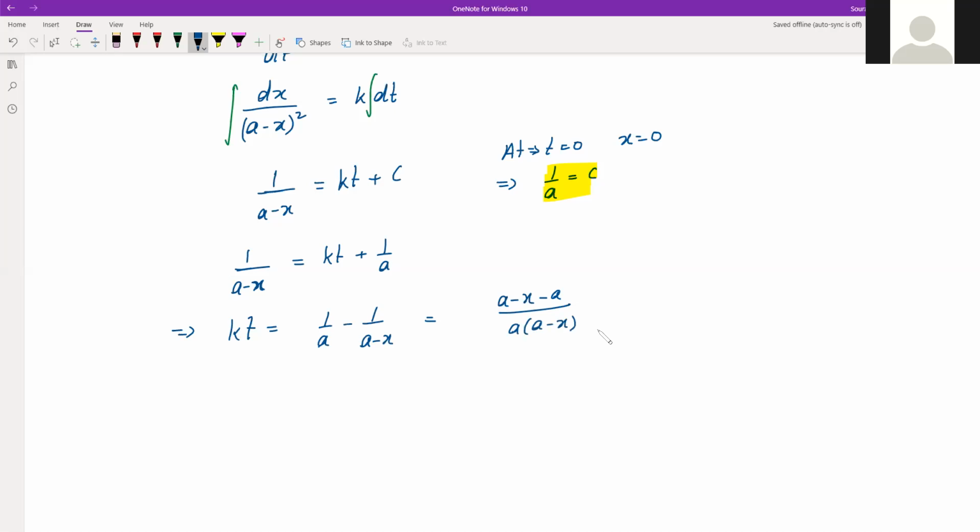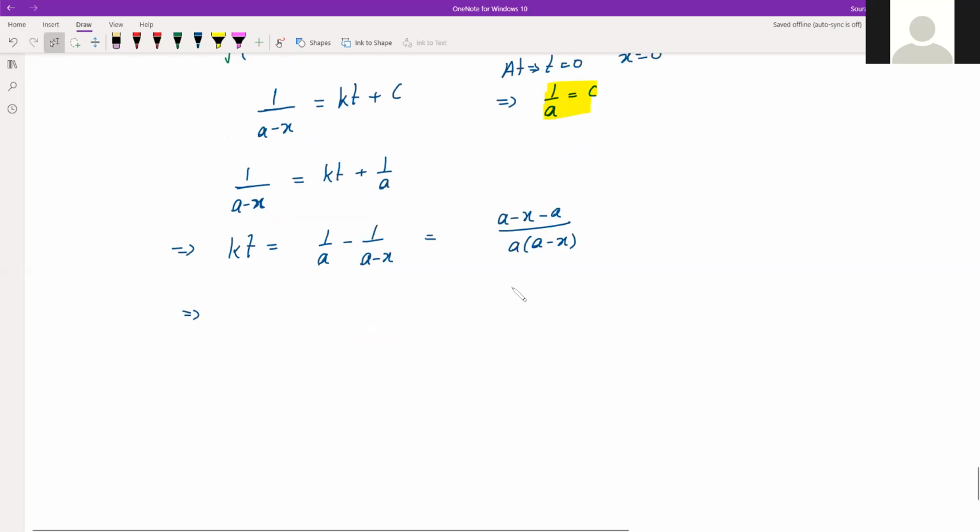So 1 by a minus x is equal to kt plus 1 by a.